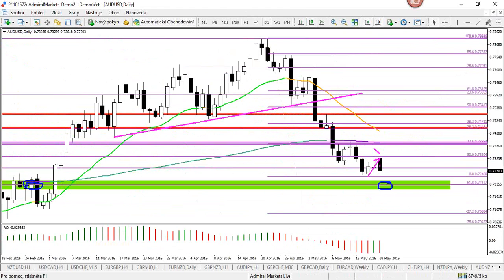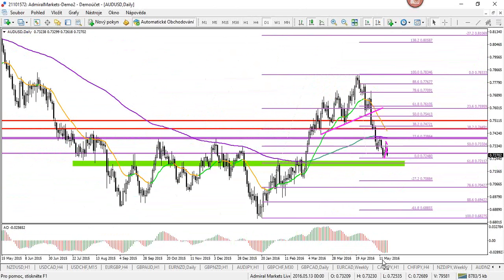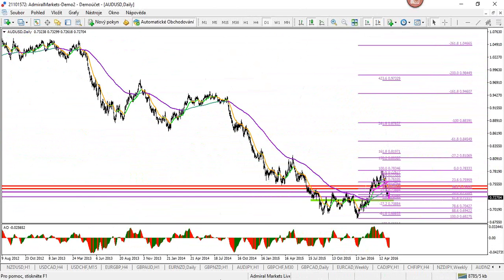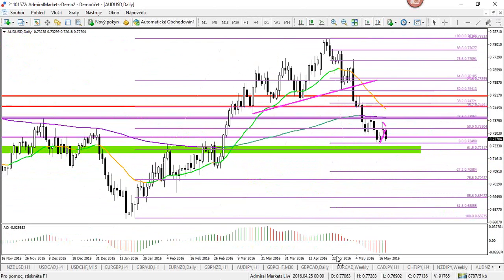So I try to look for confluence, try to judge which level has the most appeal, has the strongest kind of attraction, but also the strongest potential to turn it around in the opposite side. So fib levels are definitely part of that.